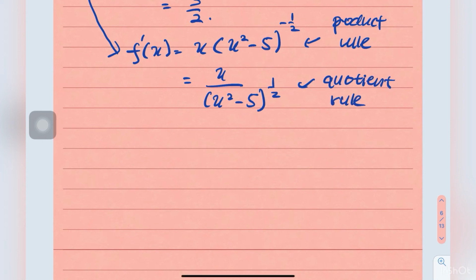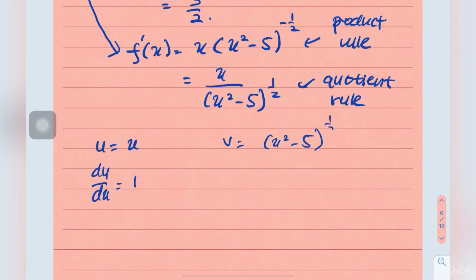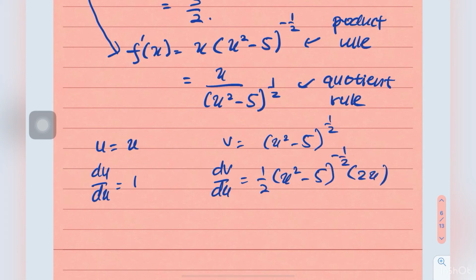Okay, so let's say I use the quotient rule. Therefore I have to identify u and v. u here is x, so du/dx is 1. v is (x squared minus 5) to the power of 1 over 2, so dv/dx is 1 over 2 times (x squared minus 5) to the power of negative 1 over 2 times 2x.